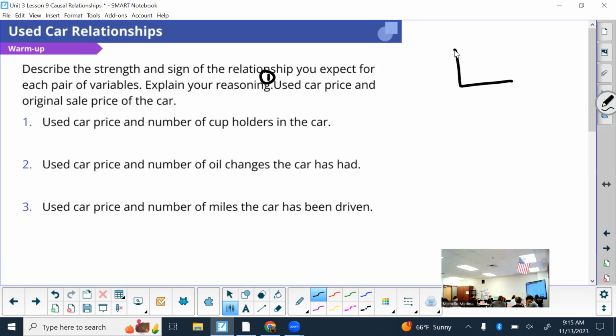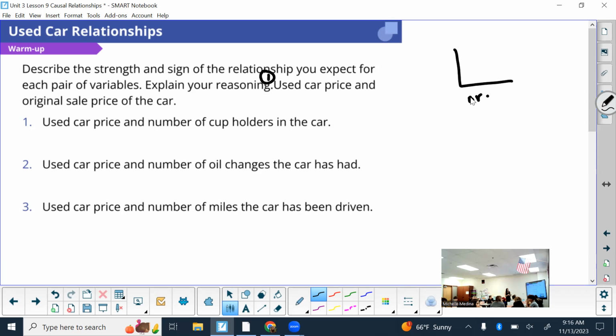Do you think that the used car price depends on the original sale price? Or the other way around, the original sale price depends on the used car price? Lauren? The used price depends on the original price.